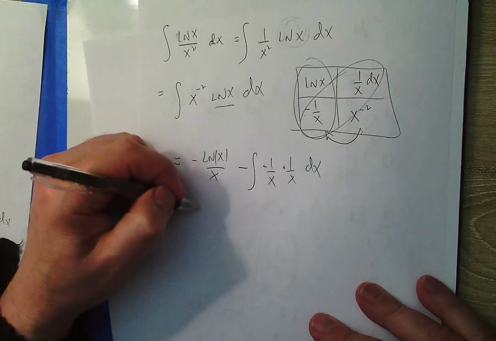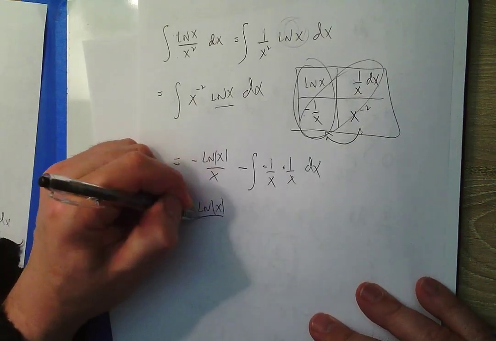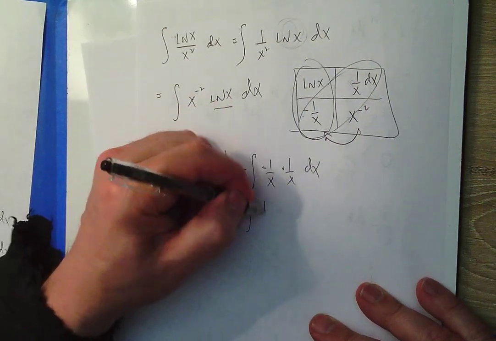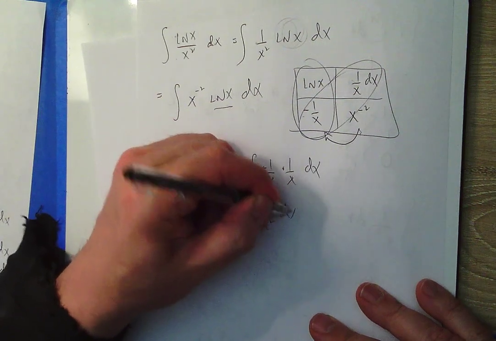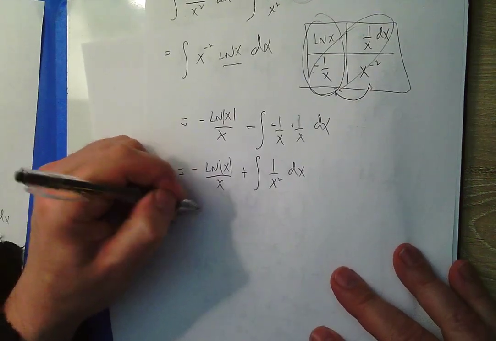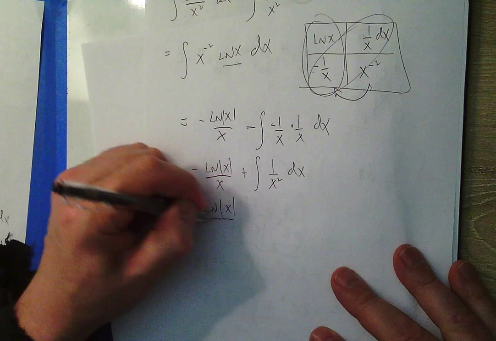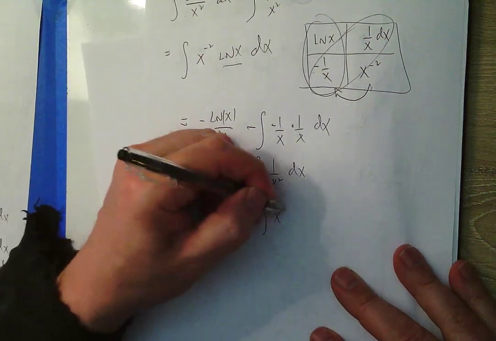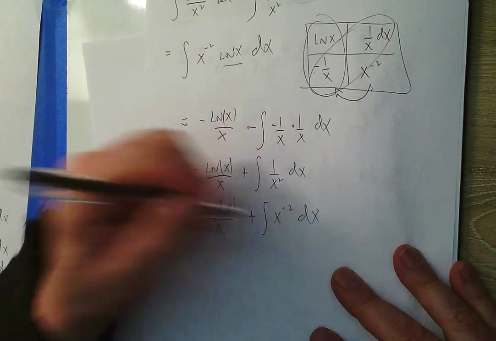So that's going to be negative ln x over x, minus a minus is plus, integral 1 over x squared dx. Well, that can be negative ln x over x plus the integral x to the minus 2 dx.